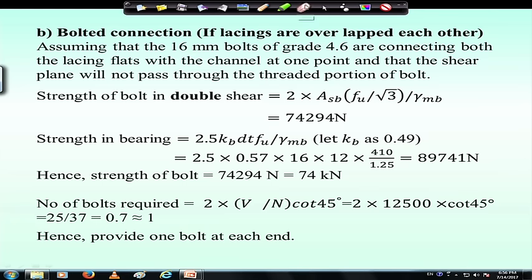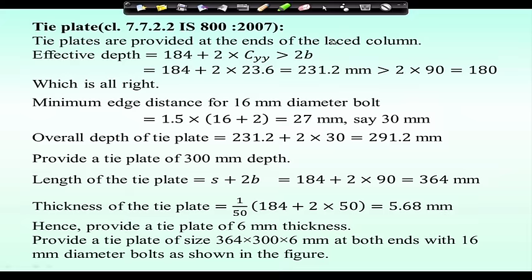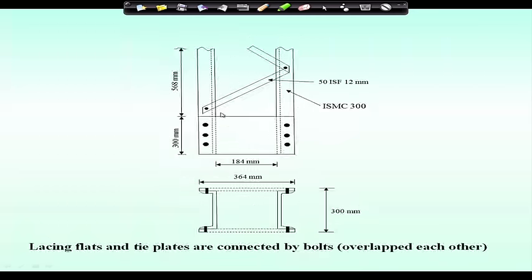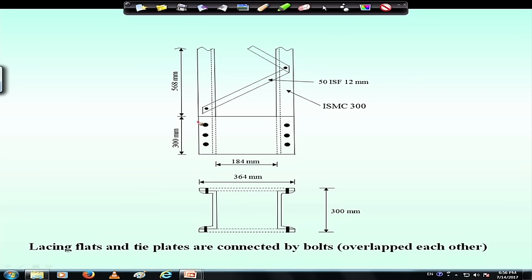I am going to show the figure. Say for the second case, we are providing the tie plate of 300 mm depth and 364 mm length, right, and thickness as 6 mm, and this is the size of the lacing plate, and here it is overlapped.